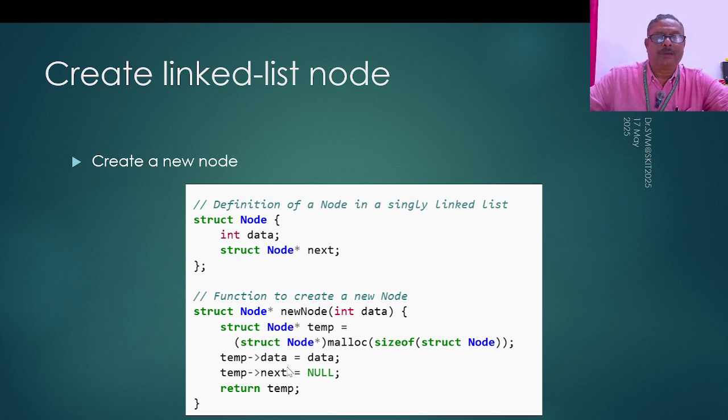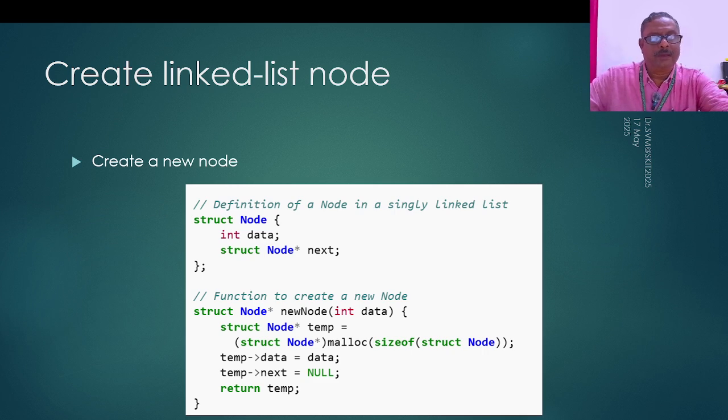We have created one node, the data component we have copied from what is supplied as a parameter, and because there is nothing like a next one, we write null, and this is returned. So if I want to create a new node, I just call this function newNode.